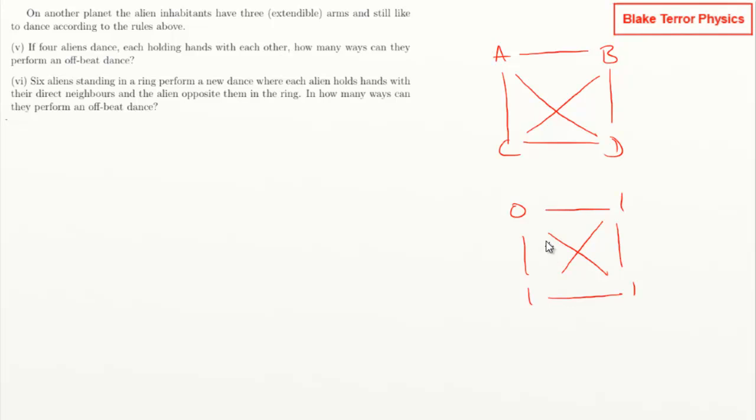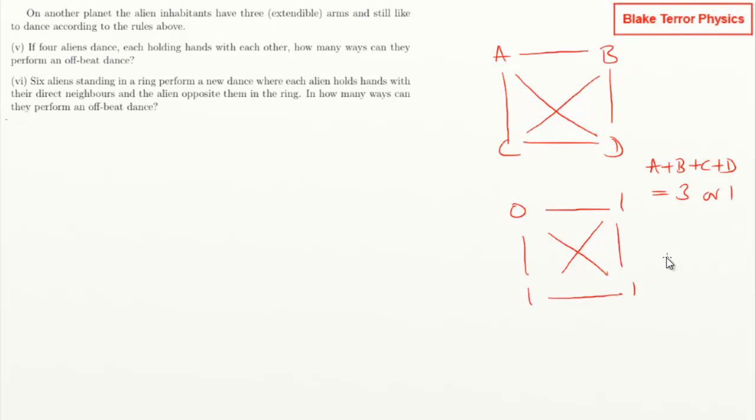Whatever we do, we're adding up all the numbers, so all the numbers have to add up to 3, or they have to add up to 1. So A plus B plus C plus D equals 3 or 1.